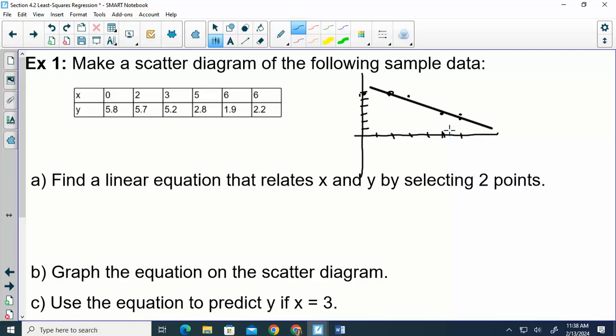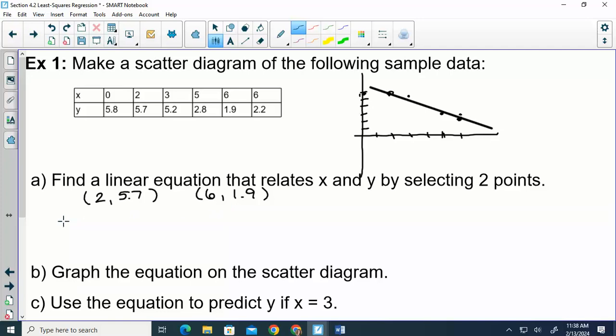But let's say I wanted to try to write an equation. So I do a couple points here. It looks like the line I drew went through the point 2, 5.7, and 6, 1.9. So if you wanted to write an equation between them, what would you do?